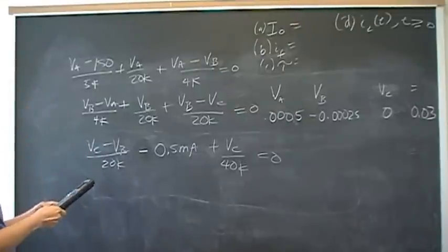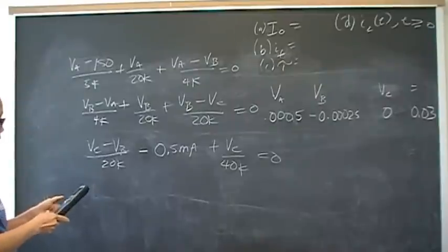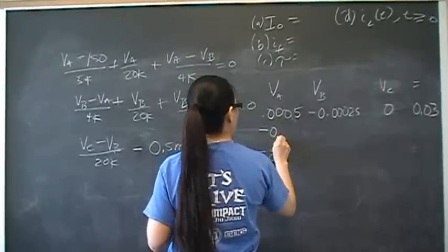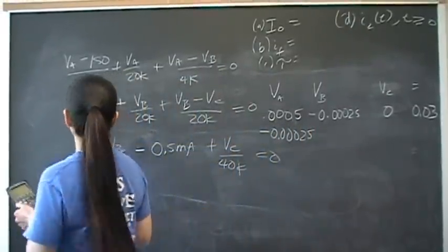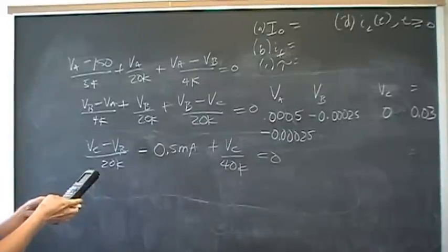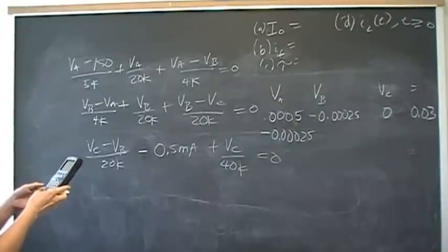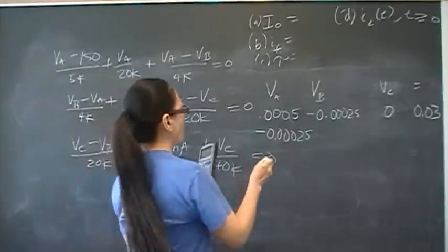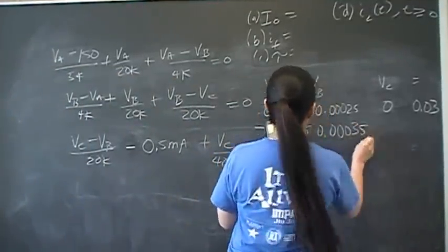My second nodal equation is going to be negative 1 divided by 4,000 for VA, which gives negative 0.00025. And then for VB, I'm going to have 1 divided by 4K plus 1 divided by 20K plus 1 divided by 20K, and that will give me 0.00035.